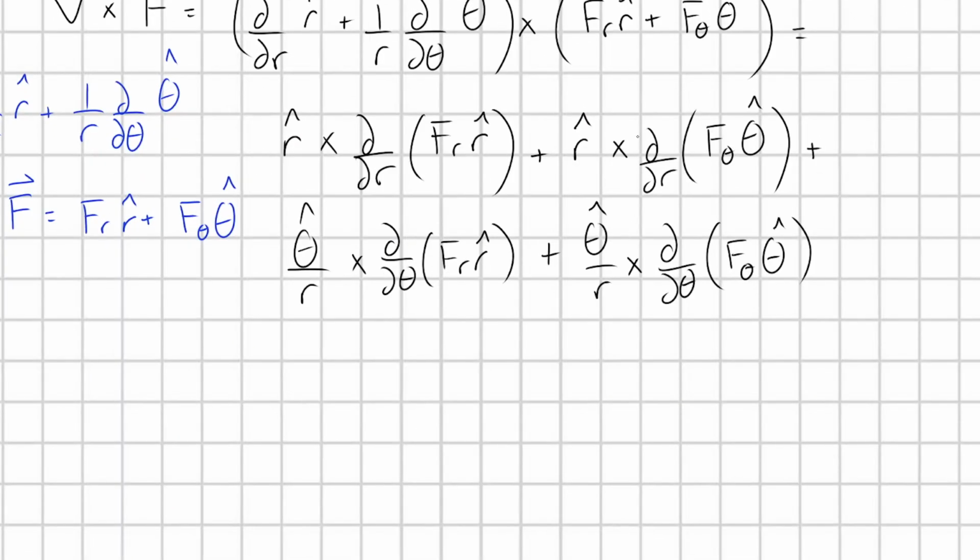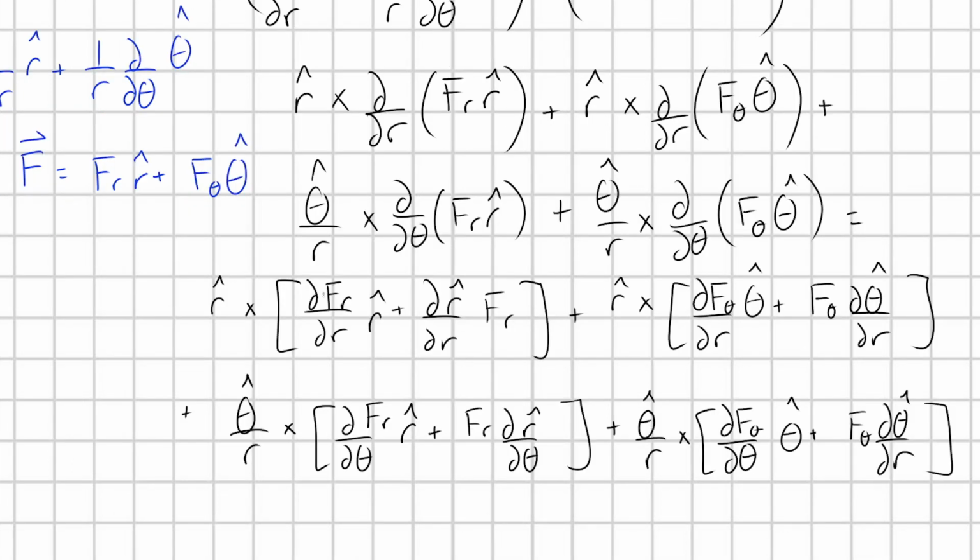Alright, and now we have 4 terms again. We would effectively have to product rule this out. Once I expand everything out, let's figure out which terms we don't care about. Let's go through one at a time. r hat cross r hat, that's going to go to 0.